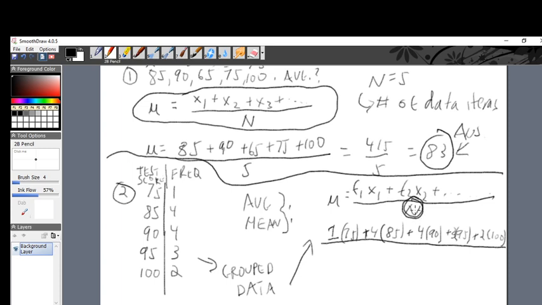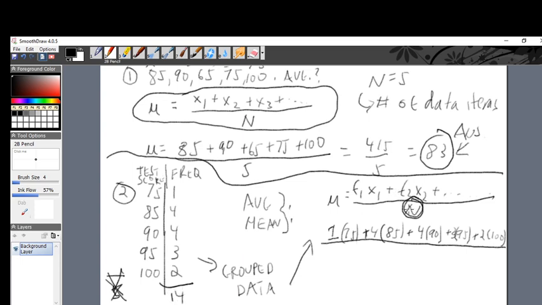What is this n? The answer is, it's not 5. Don't divide by 5. If you divide it by 5, it's absolutely wrong. You have to divide by all of these frequencies added up together. 1 and 4 is 5, 5 and 4 is 9, 9 and 3 is 12, and 2 is 14.